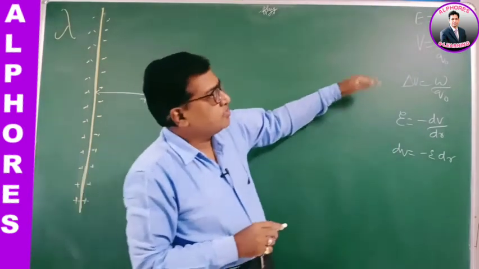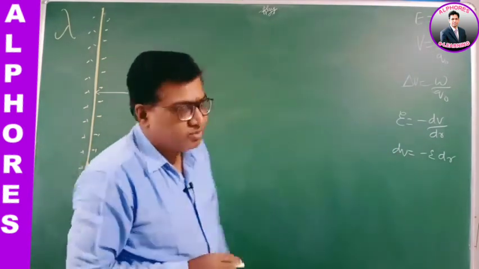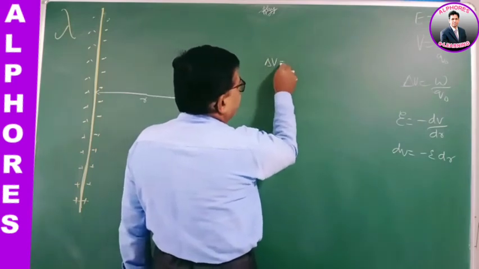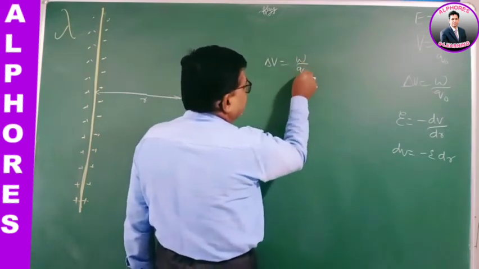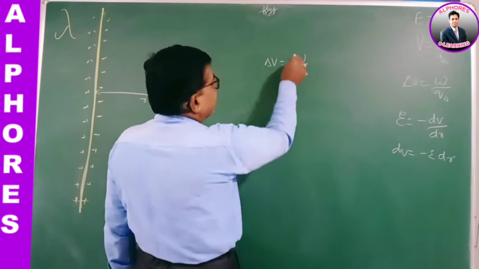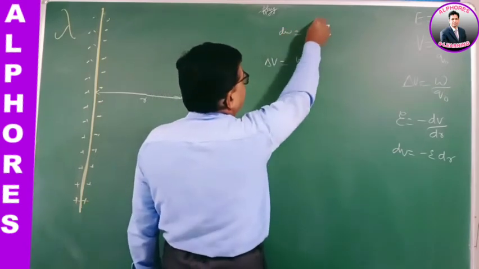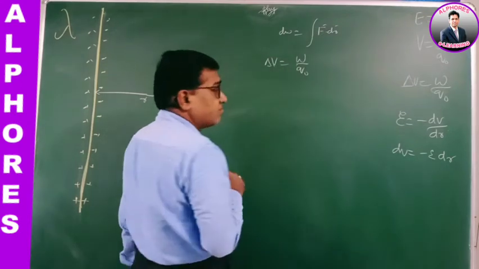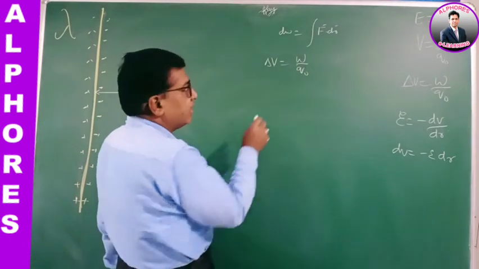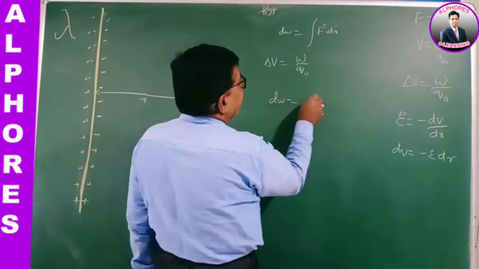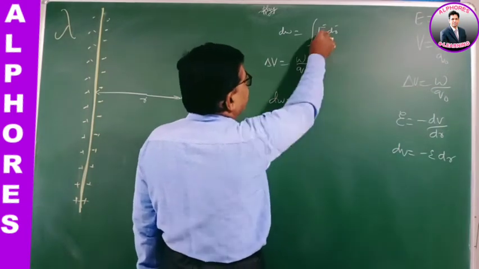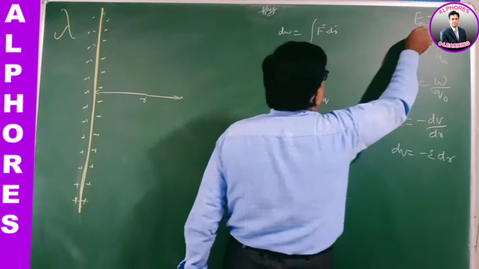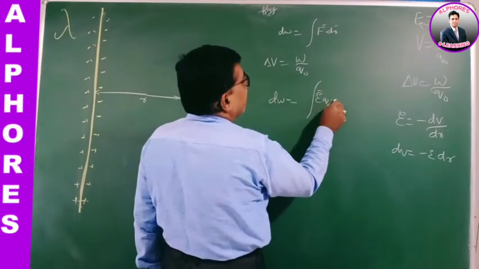Now in the process of deriving the formula between these two, look here, potential difference delta V is equal to work done per unit charge. But the small work done in moving a charge is the integral of F dot dr. F I can write as F is equal to E Q naught.